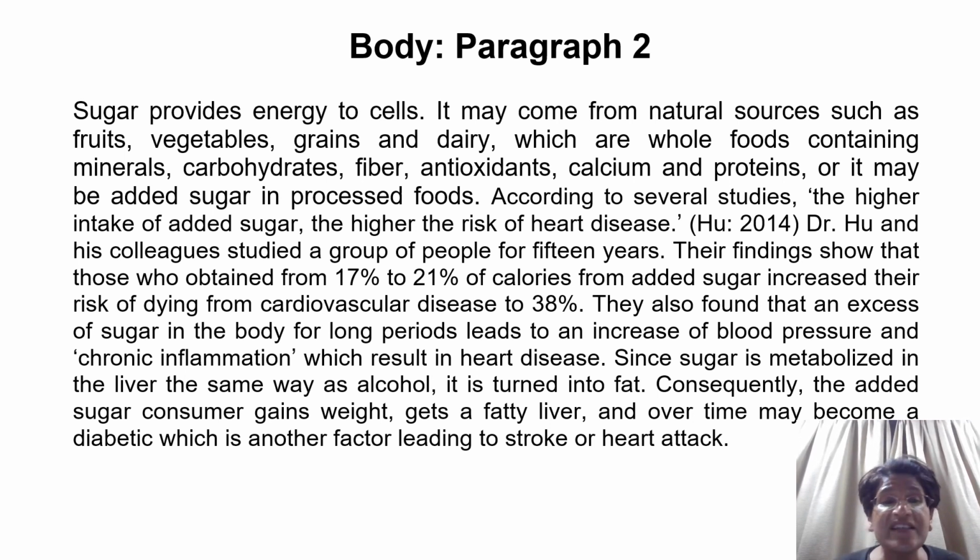Since sugar is metabolized in the liver the same way as alcohol, it is turned into fat. Consequently, the added sugar consumer gains weight, gets a fatty liver, and over time may become diabetic, which is another factor leading to stroke or heart attack.